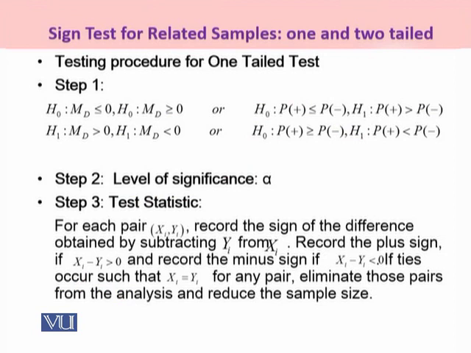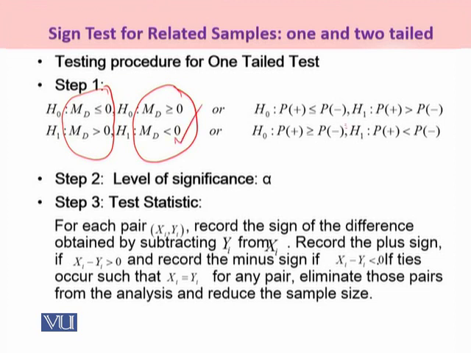Now, as far as the testing procedure for the one-tailed test is concerned, the pair of hypotheses could be MD less than or equal to 0 against the alternative that it is positive, or MD greater than or equal to 0, where the alternative hypothesis is that it is negative, or less than 0.